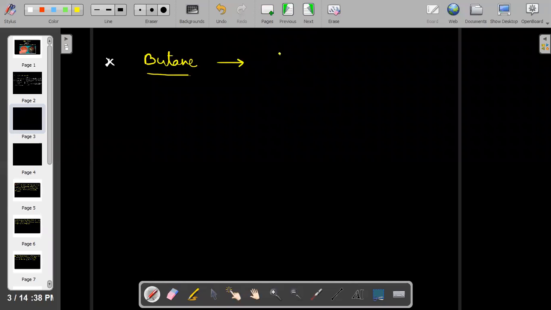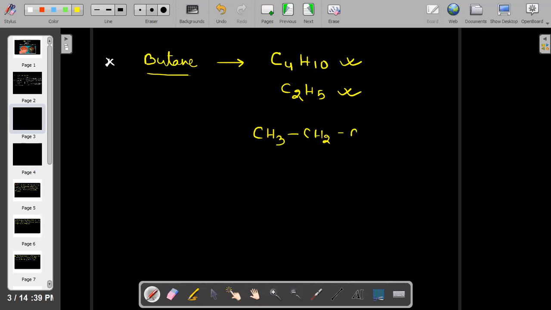Look at it, butane has molecular formula, we all know, C4H10, that we have studied in class 10. Now, what is the simple ratio? Tell me. 2 2s are 4, 2 5s are 10. So C2H5 is the empirical formula. And what is the structural formula? We all know CH3, CH2, CH2, CH3.